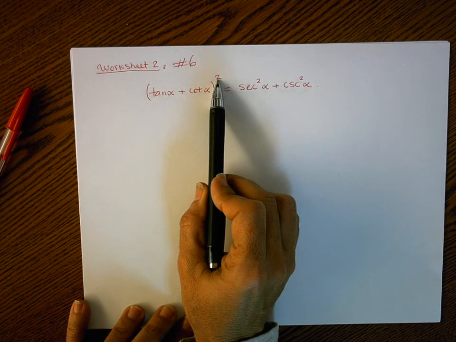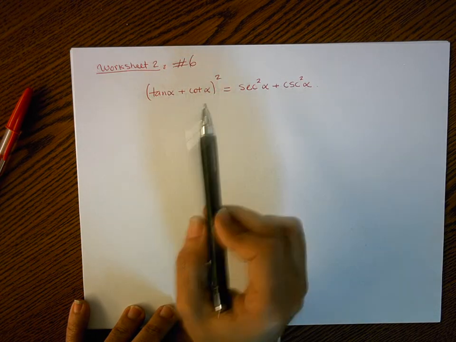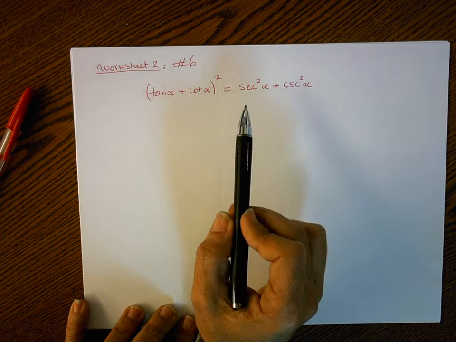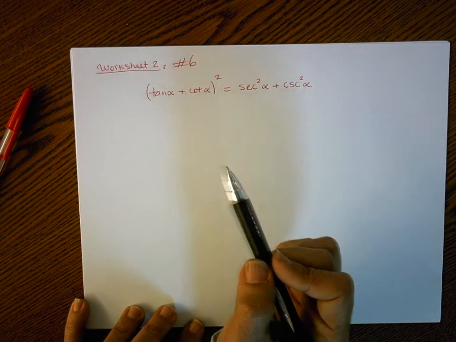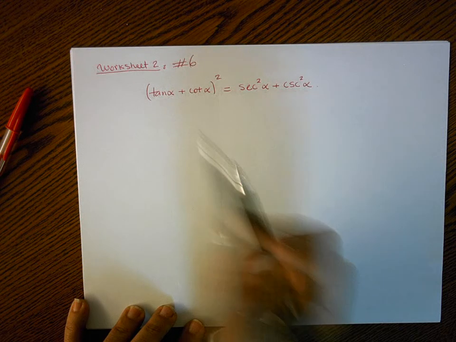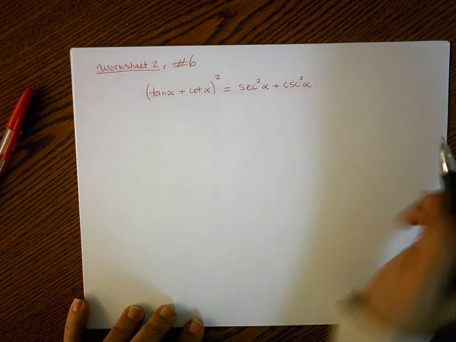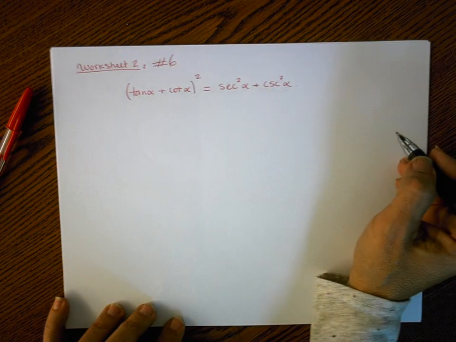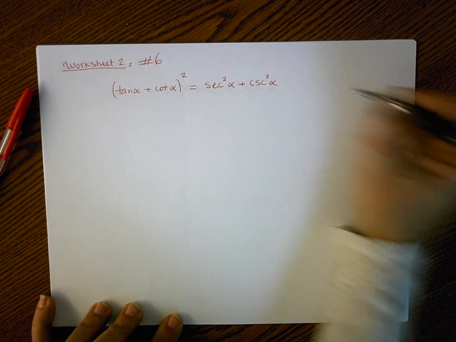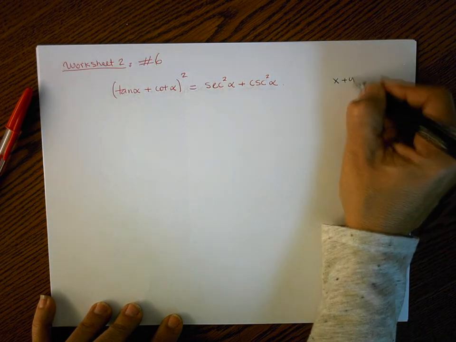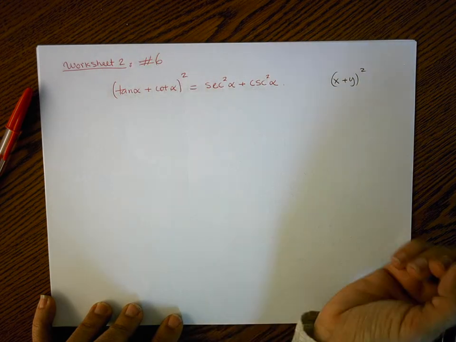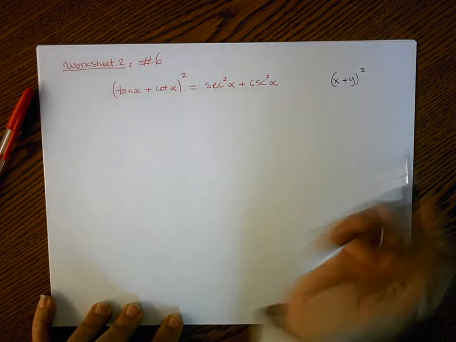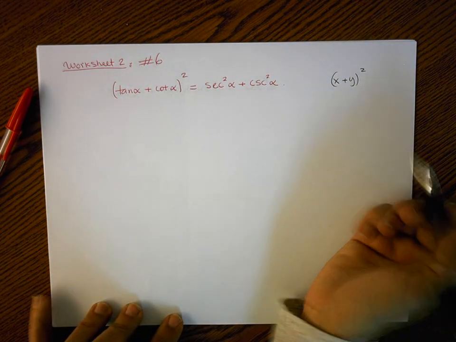I think of algebra. You always got to look at trig identities and say, what kind of algebra do I have here? So I think of x plus y squared. Let me write what I'm thinking on the side over here. If I had x plus y squared, an item plus another item squared, and they're completely different from each other, how would I approach this in terms of algebra?